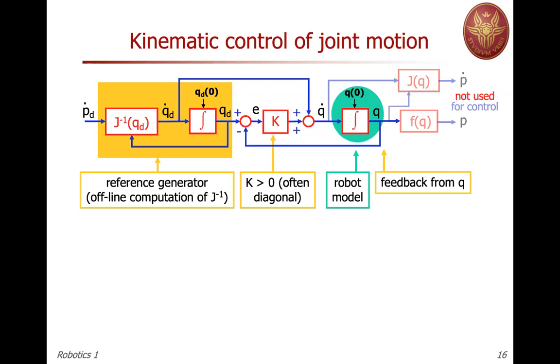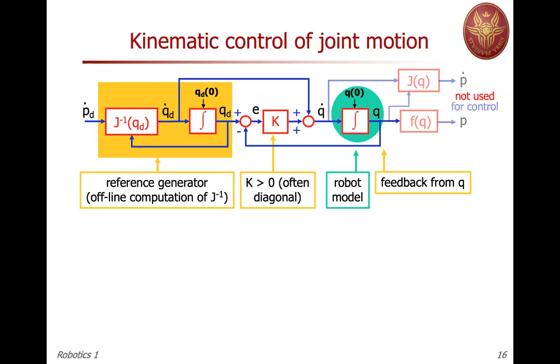Of course, the Jacobian needs a desired position to be evaluated before being inverted, and this is taken not from the actual robot, but from the position that we are generating. So we start at the differential level, we invert this, and then we integrate the desired velocity to get the desired position.